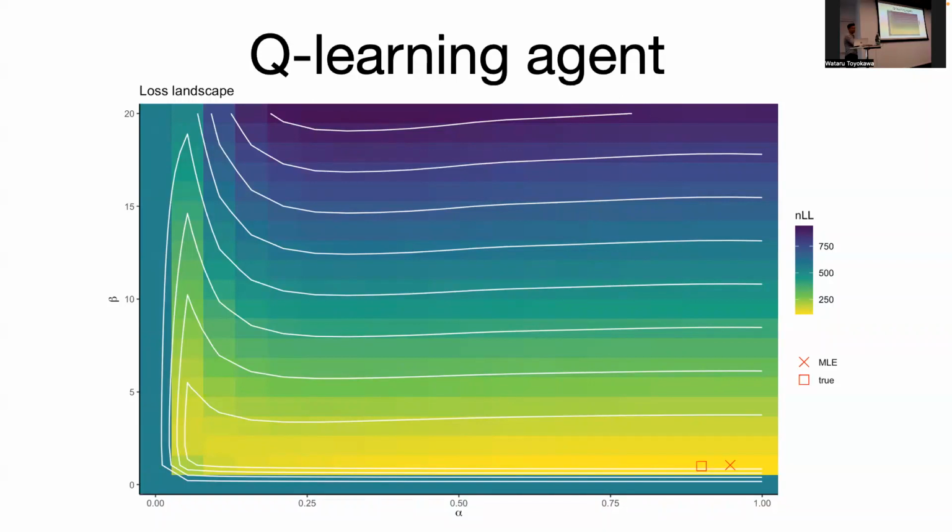I simulated a bunch of trials, and then I fit models with different values of alpha and beta to that data. What you can see here is that some places are fit better, and some places are fit worse. But you also have a lot of places with very similar levels of fit. And so when I computed the maximum likelihood estimate here, we get an estimate that's actually not that bad. It's quite close in terms of beta, but slightly overestimates alpha.